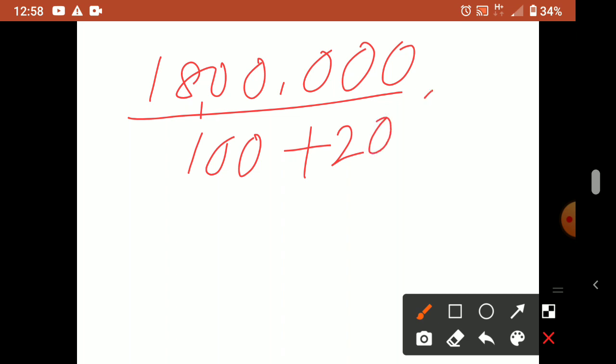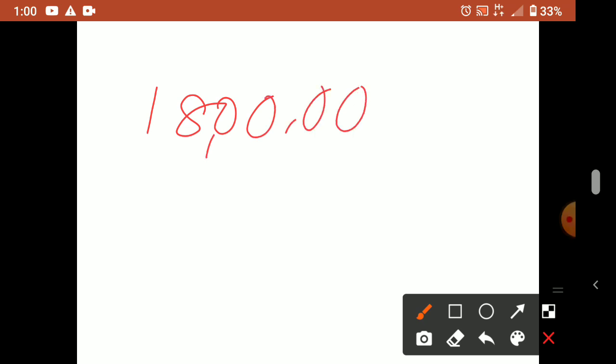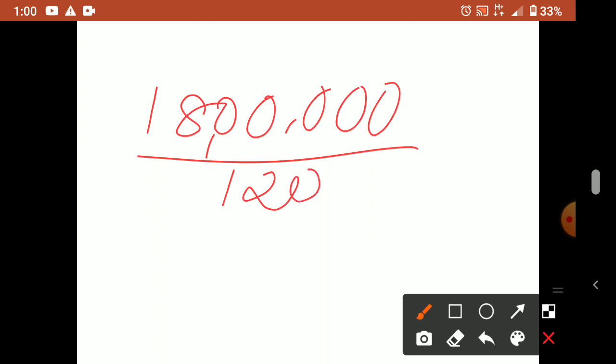So how much? 120 is the issue price. Okay, so 18 lakhs divided by 120, that is 15,000 will come.